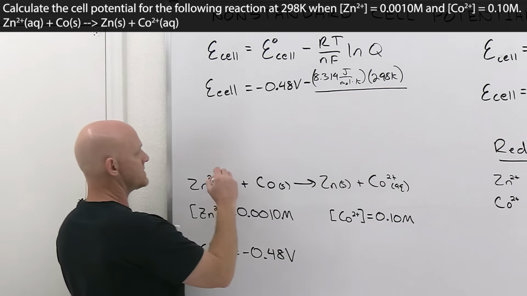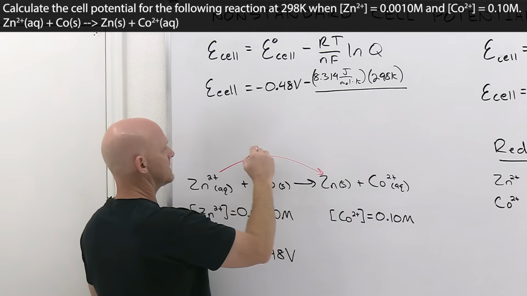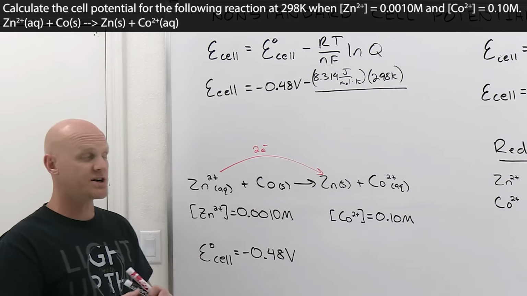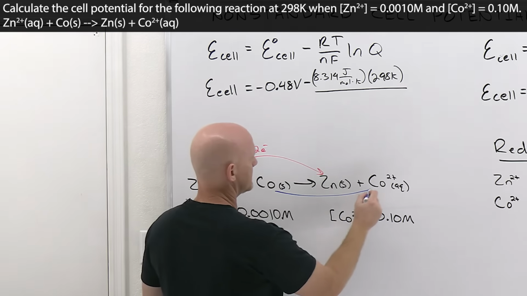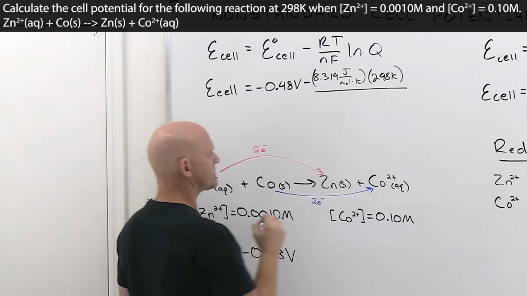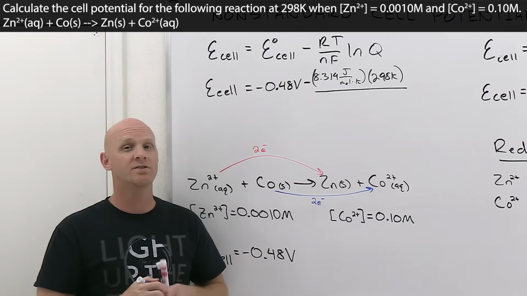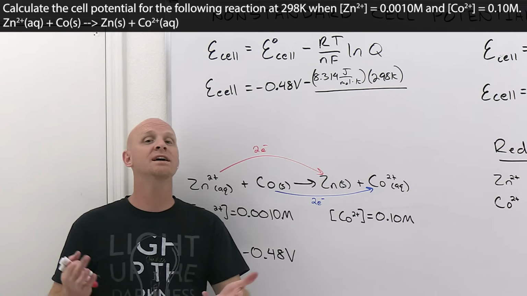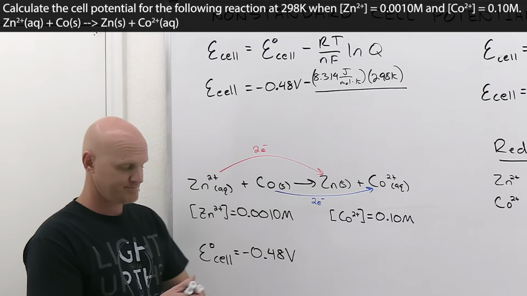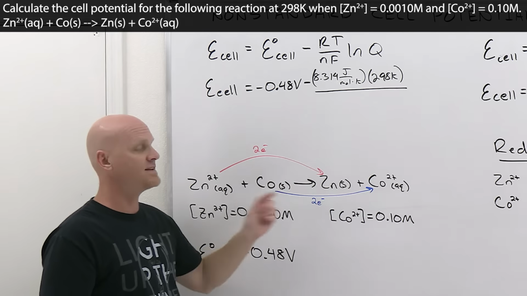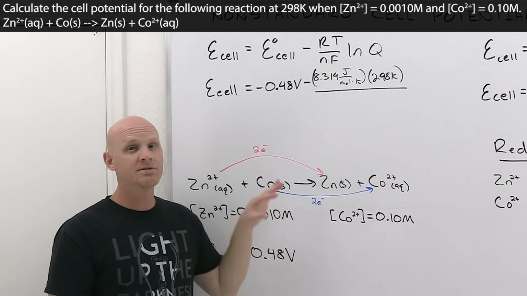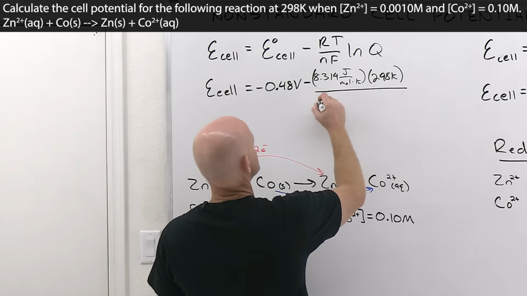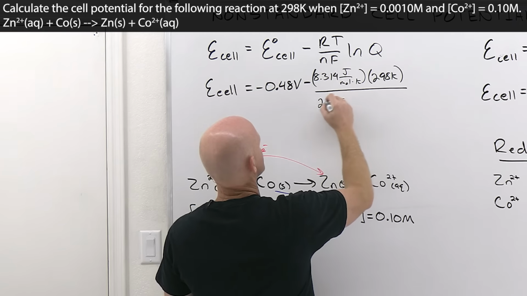In going from 1 zinc 2 plus to 1 zinc, that's a 2 electron process, 2 electrons being gained, a 2 electron reduction. And from cobalt to cobalt 2 plus, that's 2 electrons being lost, a 2 electron oxidation. So 2 electrons lost, 2 electrons gained, this is 2 electrons being transferred, and that's n. Notice the number of electrons lost and gained should be the exact same number if it's been properly balanced. So our n here is 2, and we'll write that as 2 moles of electrons.